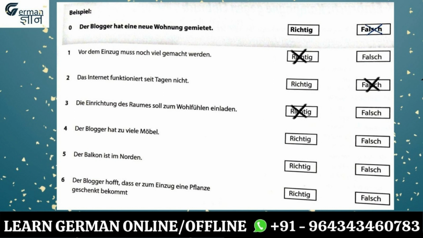That means the answer to your question is falsch, because it is clearly written that the person is surfing the internet during the day. Like this, you can find the answer to your next questions.